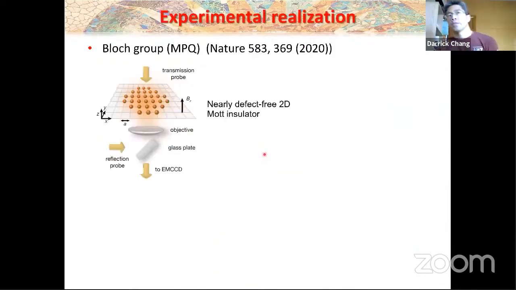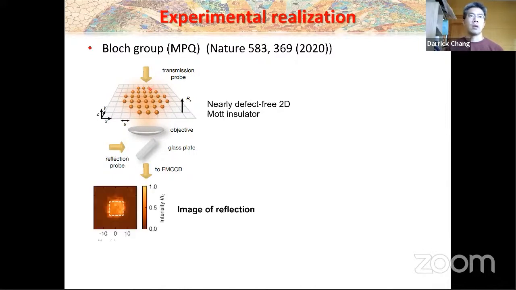This 100% reflection has been observed, at least to some extent, in an experiment from Emmanuel Bloch's group last year. The special thing about the experiment is that they take a degenerate quantum gas, a 2D Mott insulator, to guarantee almost perfect filling of the atomic array. Then they can shine in light and directly image the reflected fields.